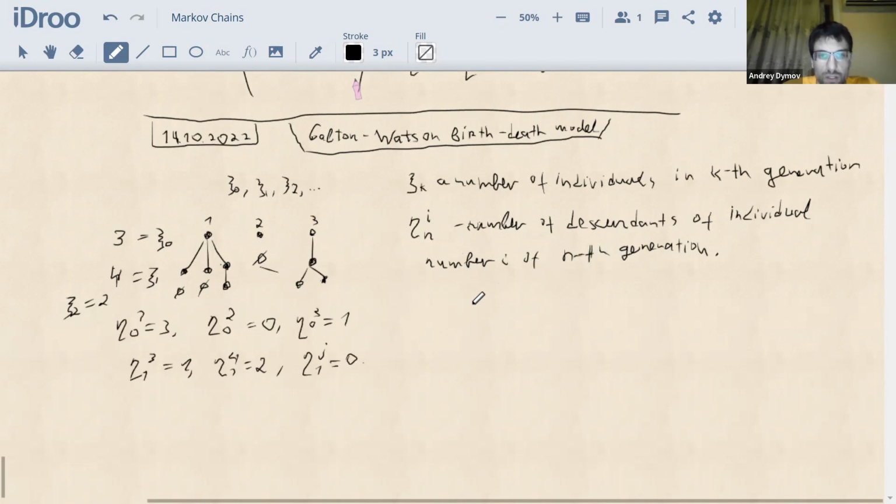So what do we assume about the random variables eta?